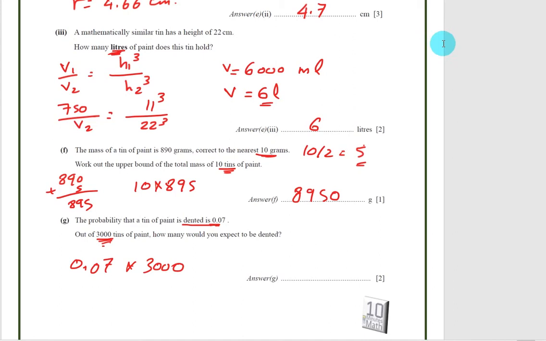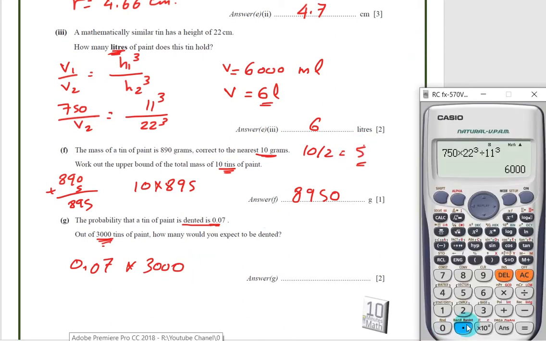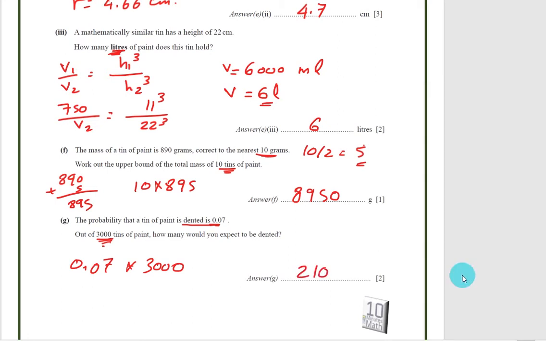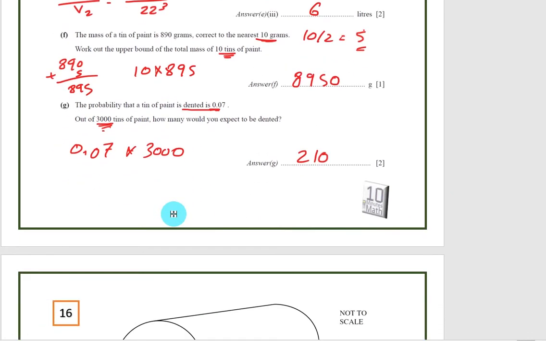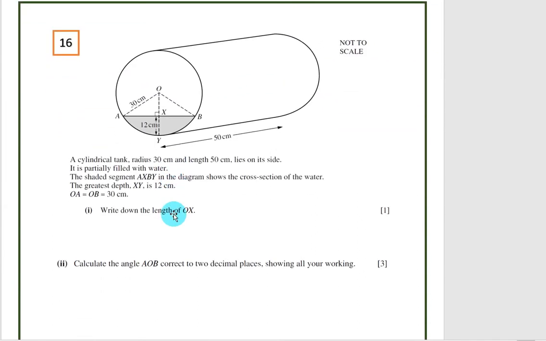So how many are donated is equal to 0.07 multiplied by 3,000. So it will be equal to 210. Okay, let's go ahead.